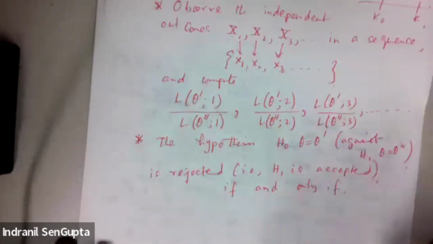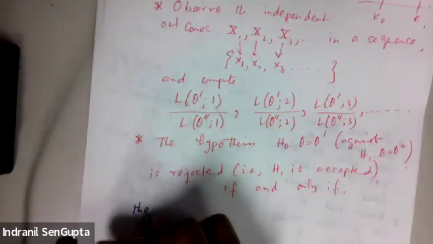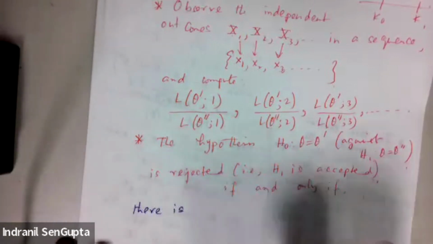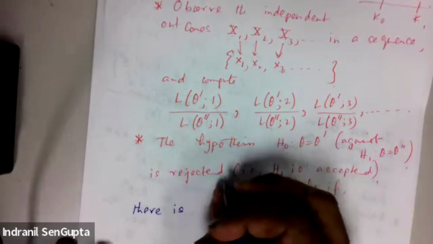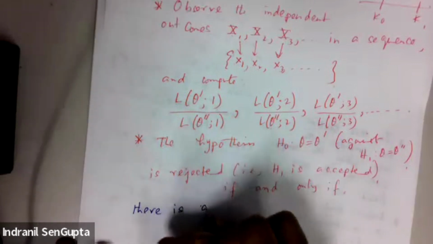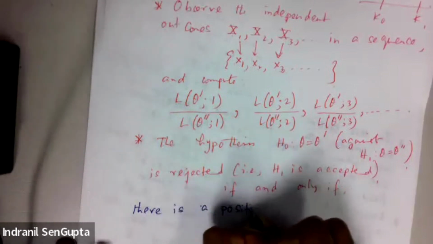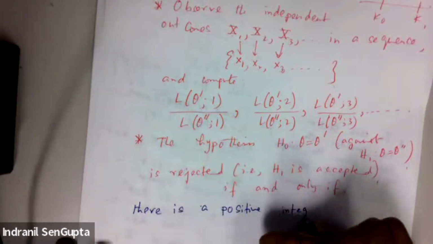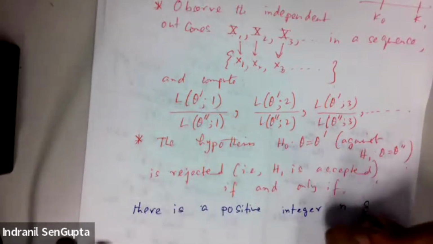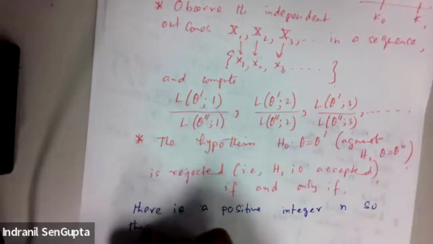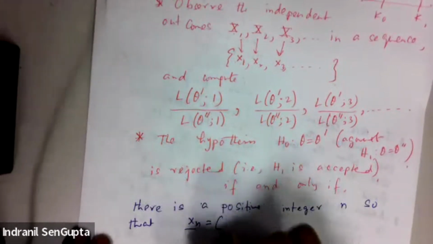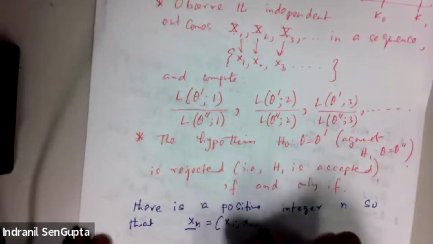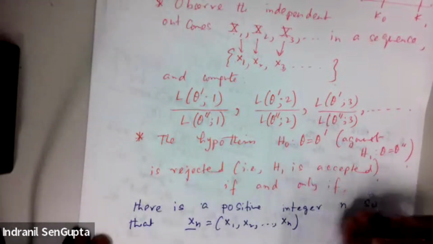There is a positive integer n so that, let's write the vector xn as x1, x2, up to xn.